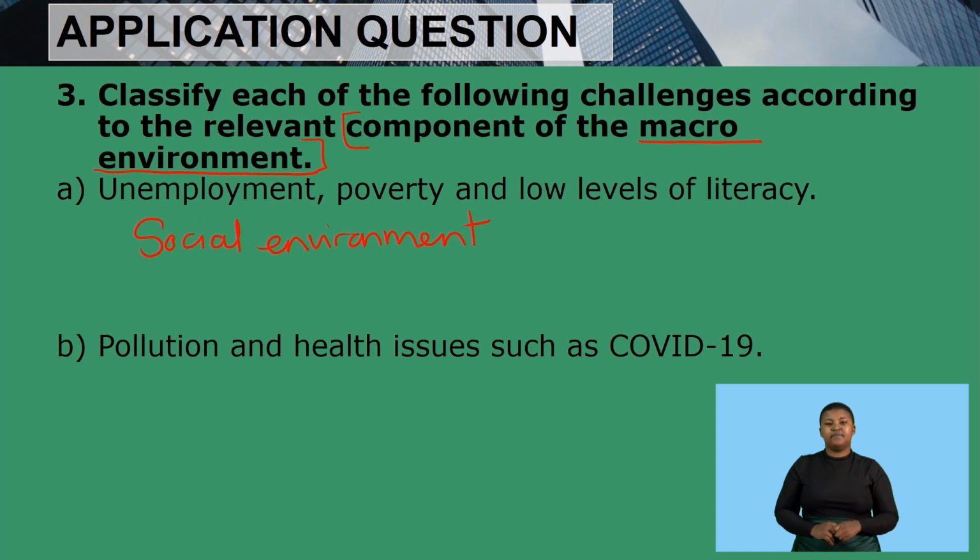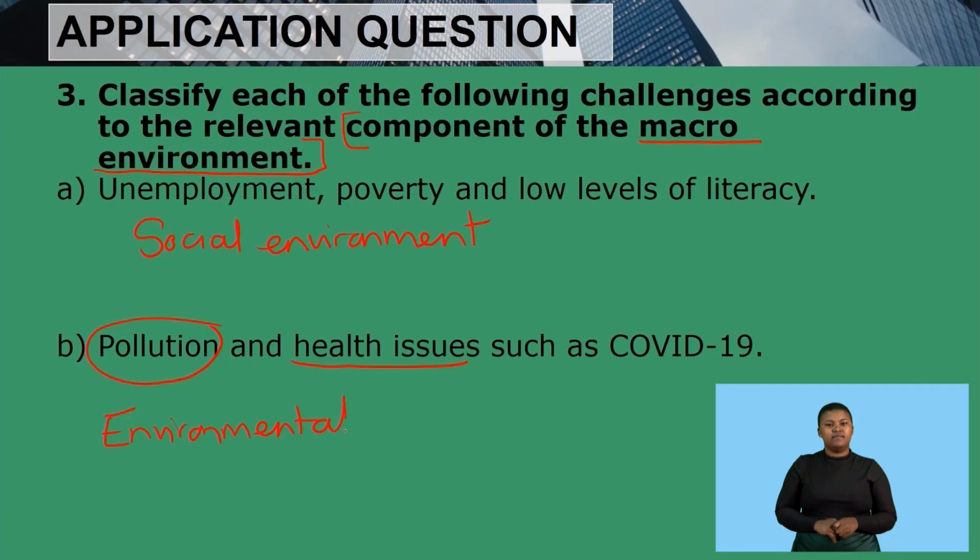The second one, or B rather, pollution, health issues such as COVID-19. Remember, pollution, health issues are all examples of our environmental environment. So our answer here is environmental environment.